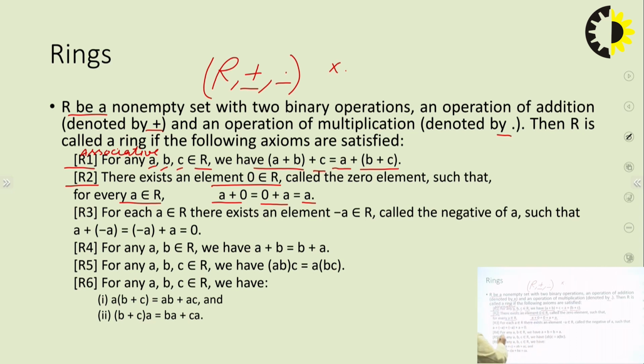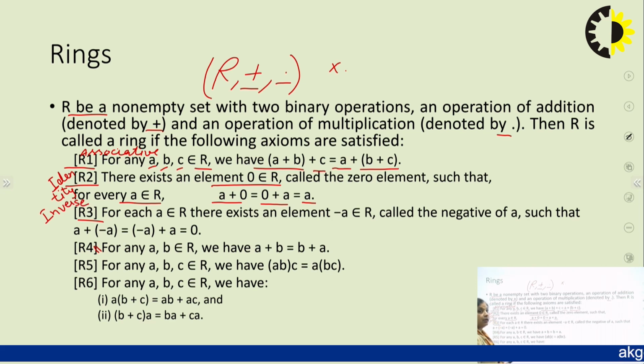Third property. Again, it is a property related to the addition operation. The second was the identity element with respect to addition, and third we will talk about the inverse element. We have two operations here. The identity we just talked about is with respect to addition, and now with respect to addition we are talking about the inverse element.